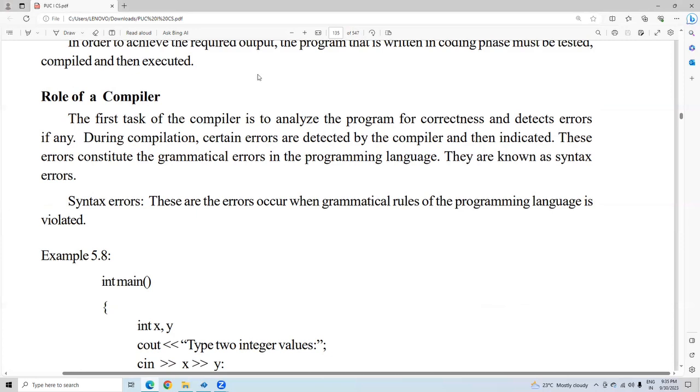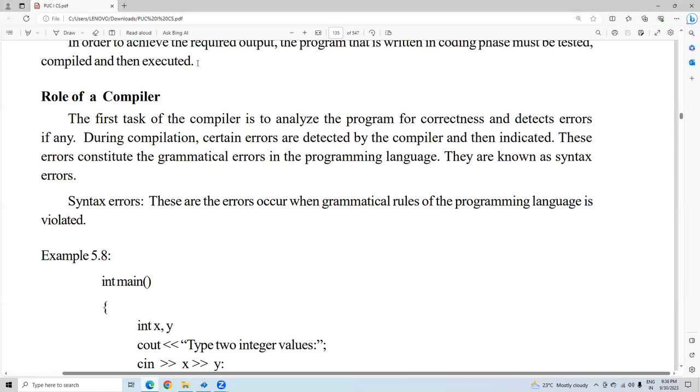So the first task of the compiler is to analyze the program for correctness and detect errors if there are any, right? Suppose if there is any error, it stops the program and gives a message to the user that in this part, this kind of error is there. By seeing that, the programmer will make the necessary corrections. Once all the corrections are done, then it will make the translation, right?